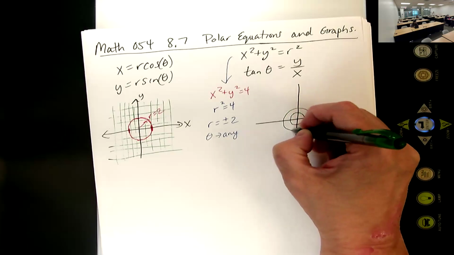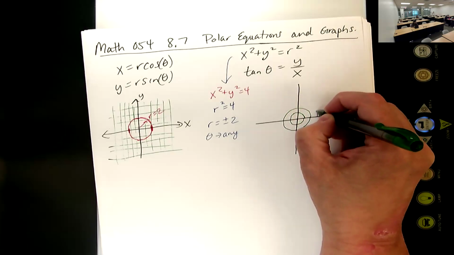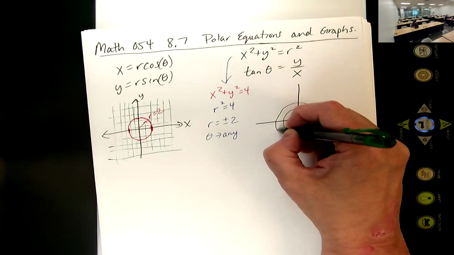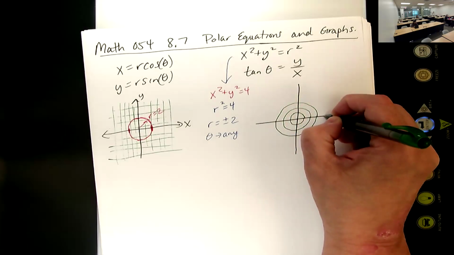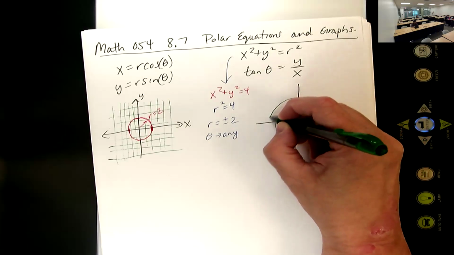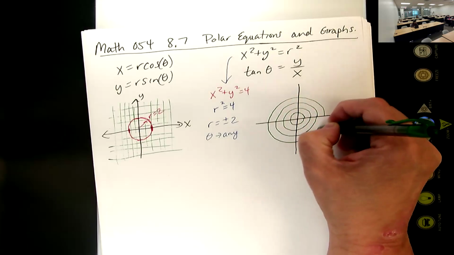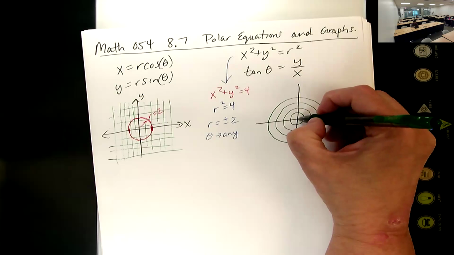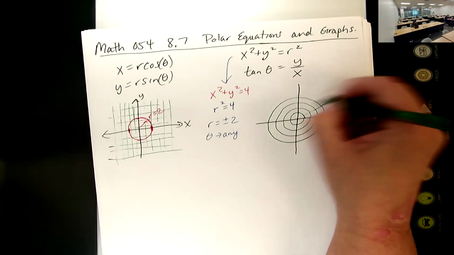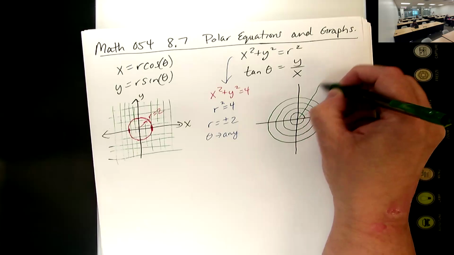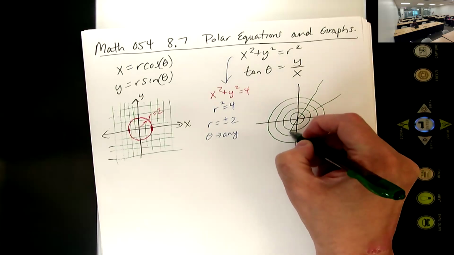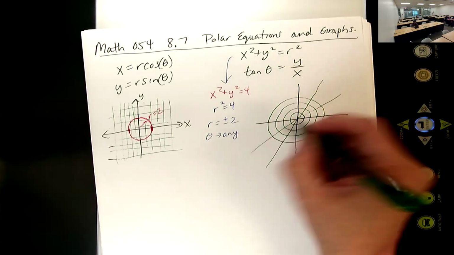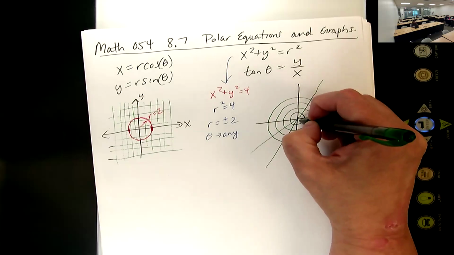Each circle represents going out 1. And they tend to go out a certain distance, and they tend to mark the 30-degree angles and the 60-degree angles.